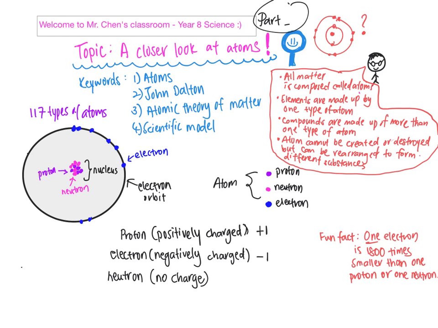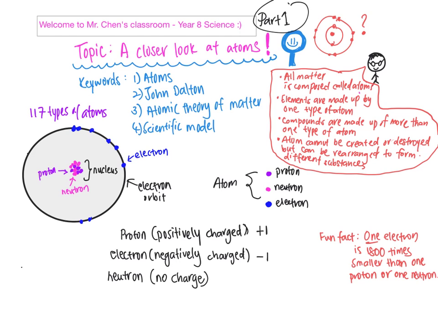Okay, so we are going to look at a few keywords, and bear in mind this is the first part of a few parts because I decided to break it down a bit. There is way too much information that you have to know, so don't worry, I will guide you through that.